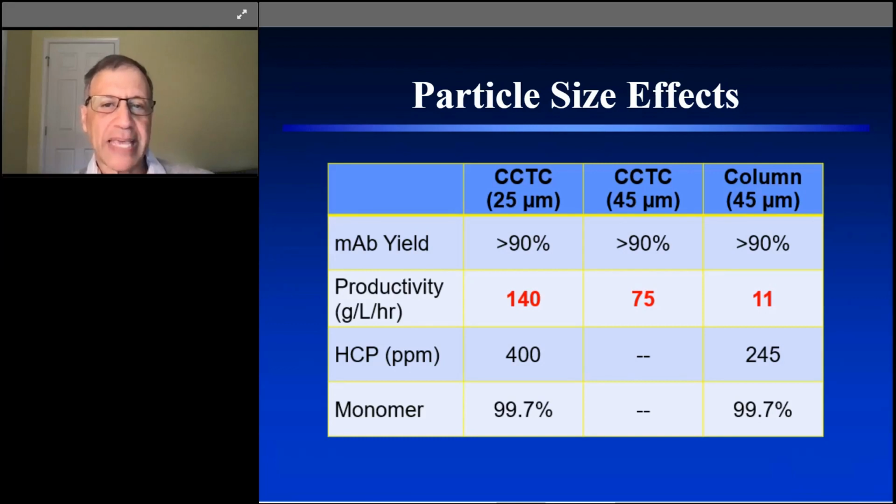The productivity of the continuous chromatography system using the 25 micron particles is twice that in our continuous system with 45 micron particles, and about 12 times larger than that in the column. Note that we could not operate our column with 25 micron particles because the pressure drop required to flow through that column would have actually crushed the particles and made it impossible to do the chromatography.